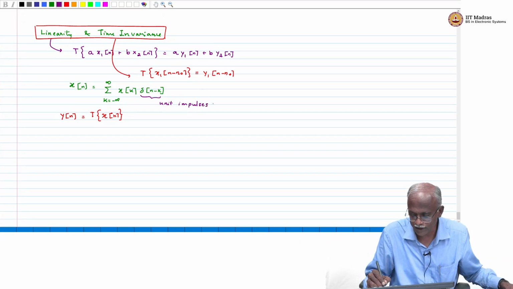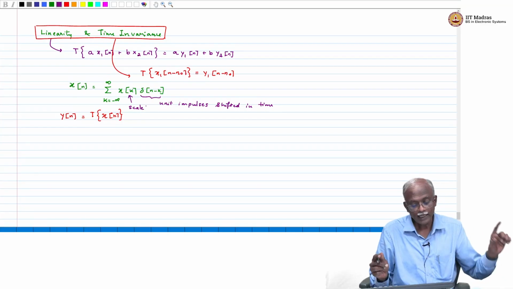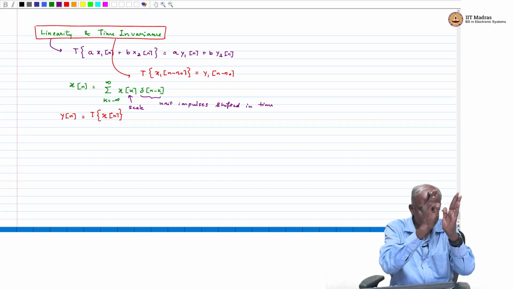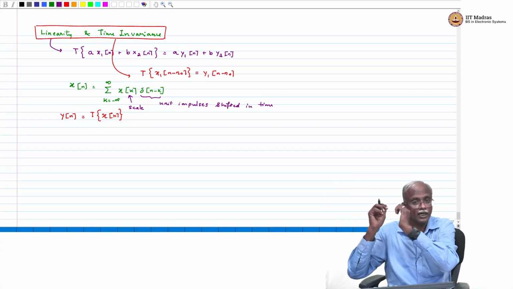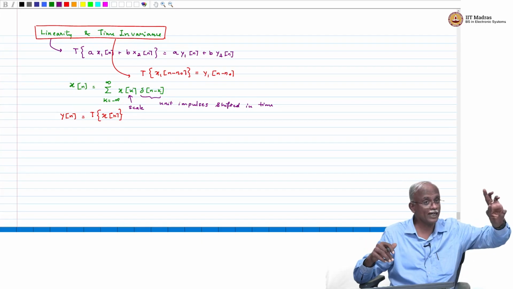These are unit impulses which are shifted in time. These are nothing but scale factors.